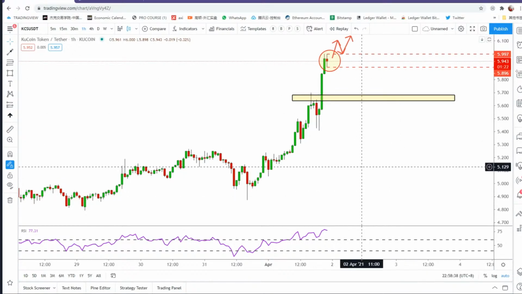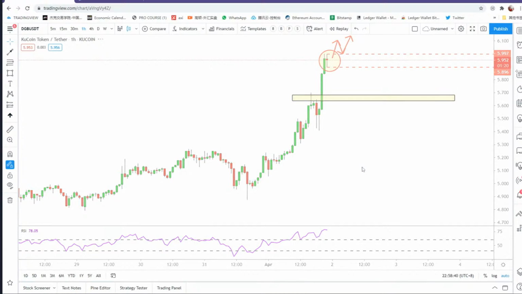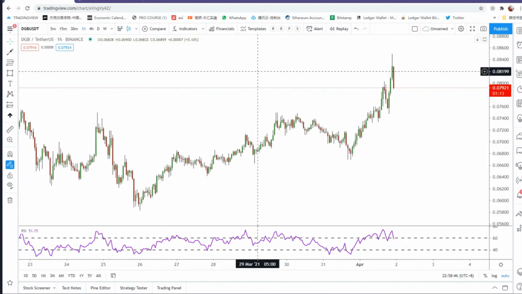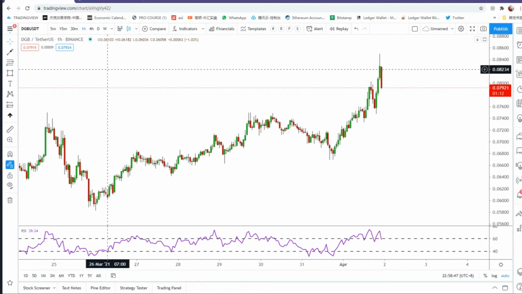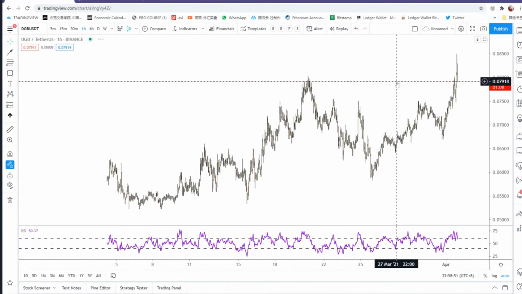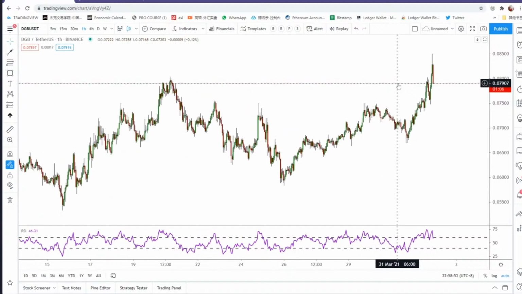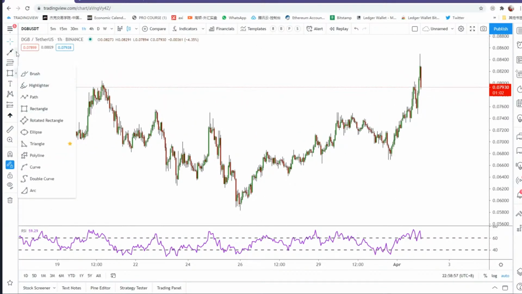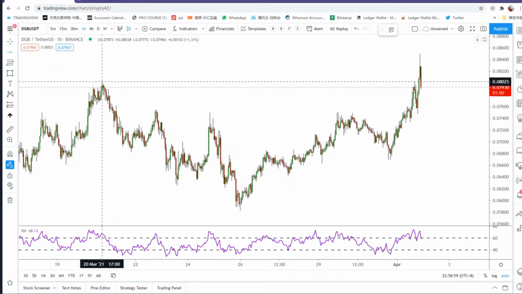DGB. DGB looks bearish. This one looks bearish because the fake key just happened, right?